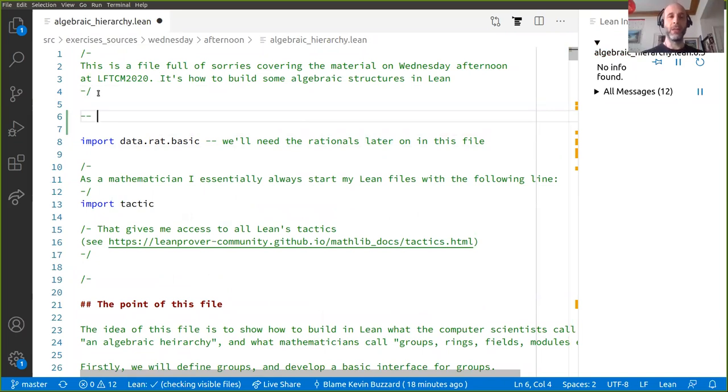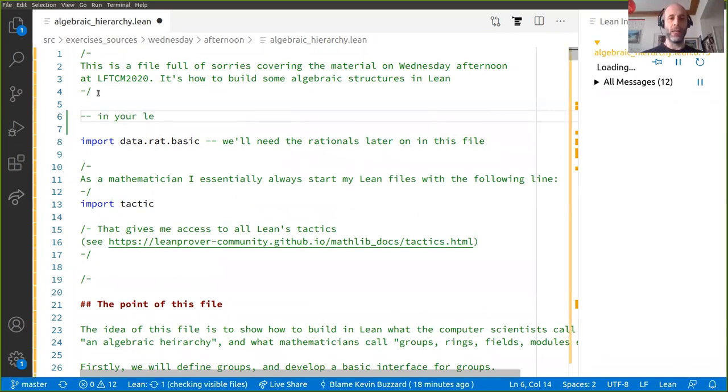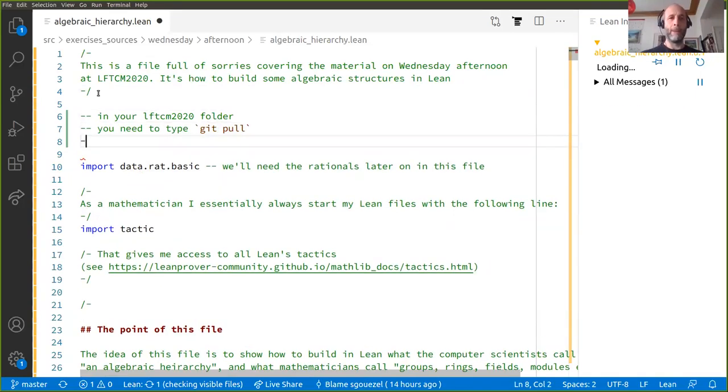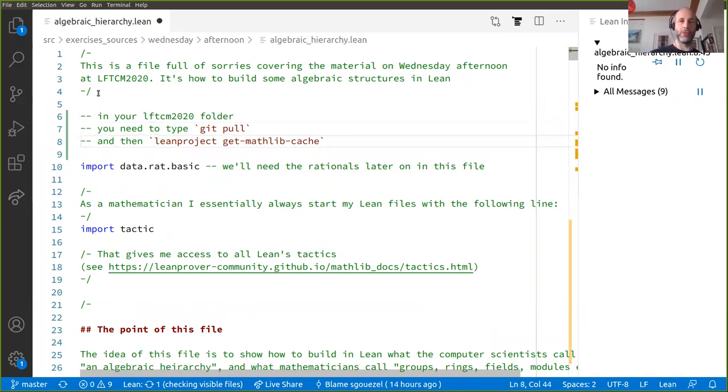So, in your Lean for the Curious Mathematician 2020 folder, in the project folder, you need to type git pull and then lean project get mathlib cache. So git pull will get the Lean files, and lean project get mathlib cache will get the olean files.